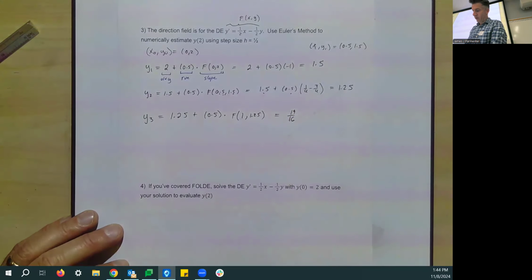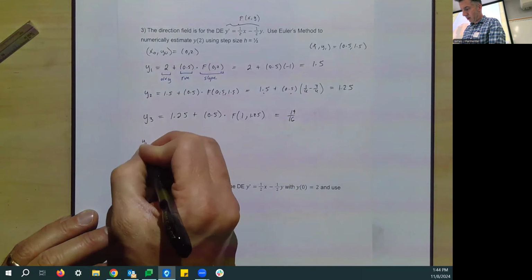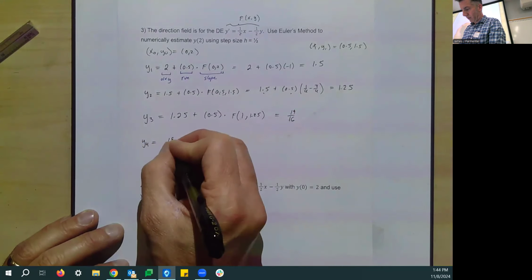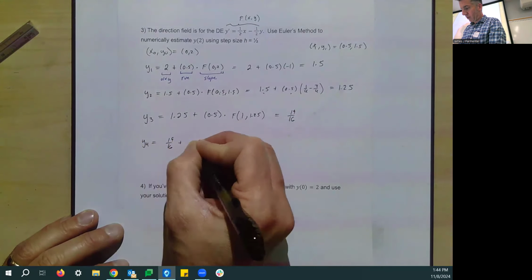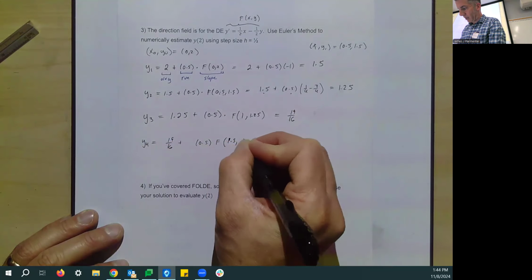And then finally, if we do this one last time, our y4 is going to be our previous y value plus 0.5 times f of (1.5, 19/16).